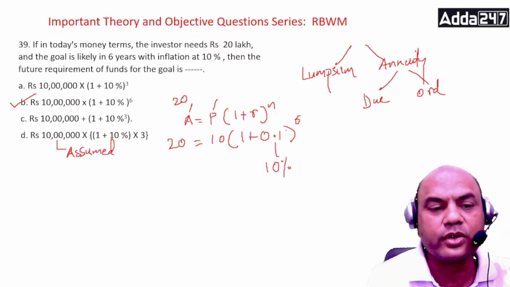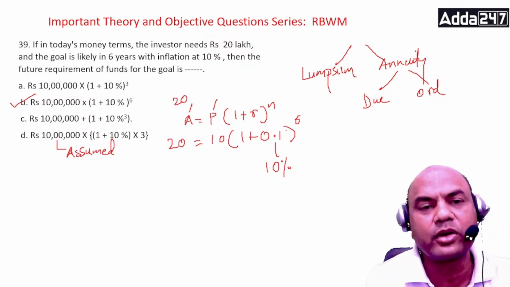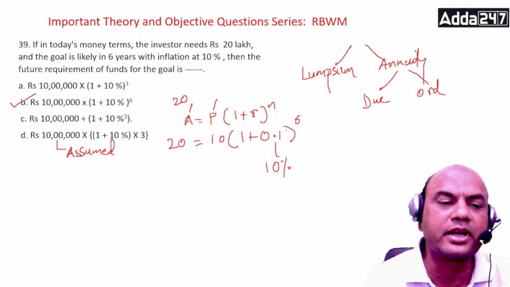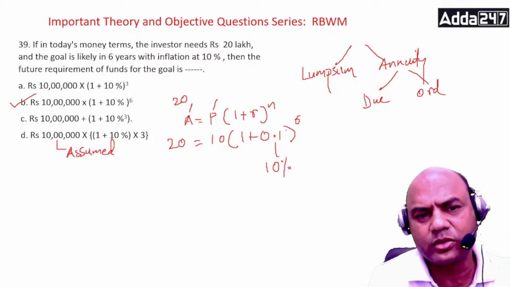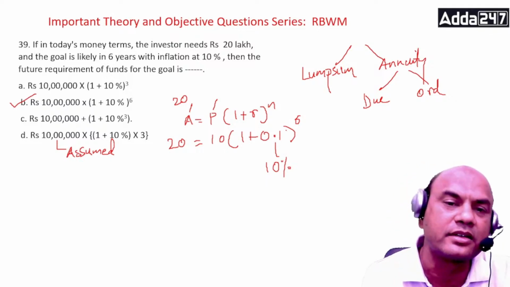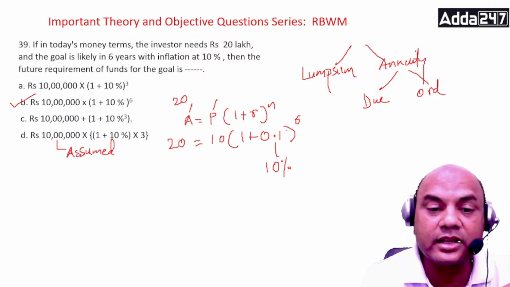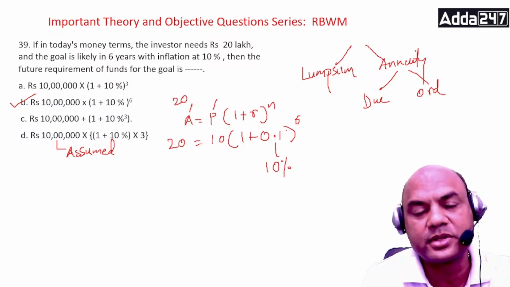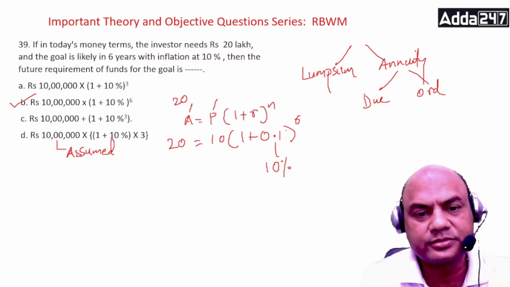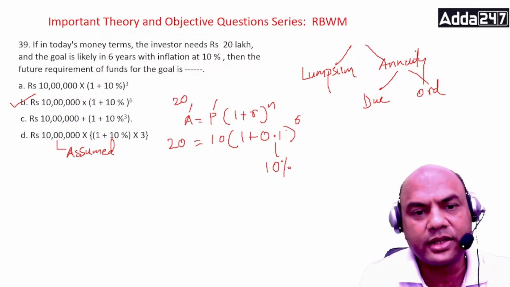If you multiply 1.1 six times and then multiply by 10 lakhs, you might not get 20 lakhs, because the question is not about getting the answer. The question is writing the steps, the process. Okay? Got it? Everyone clear? Move on. Next one.